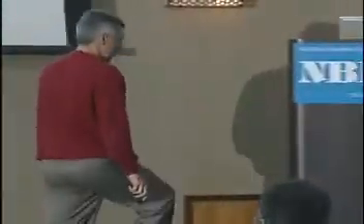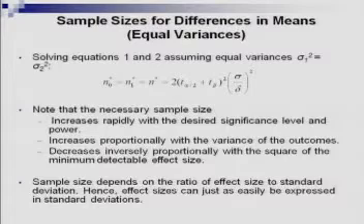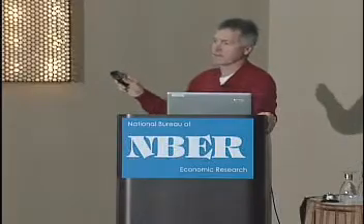Now, if you solve those two equations, and let's assume variances are equal, like I mentioned, you get this simple equation, and this tells you exactly what your sample sizes should be. All right, we have the typical critical values here. This is a minimum detectable effect delta, and that's the standard deviation. Now it gives us some insights about how the necessary sample size changes with these variables.